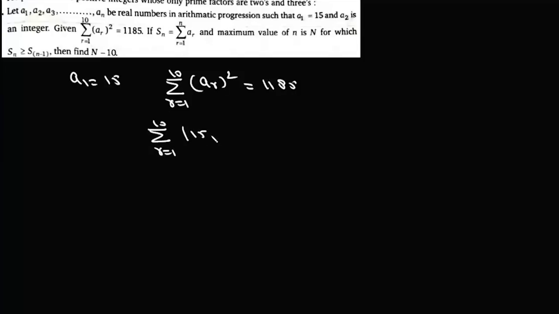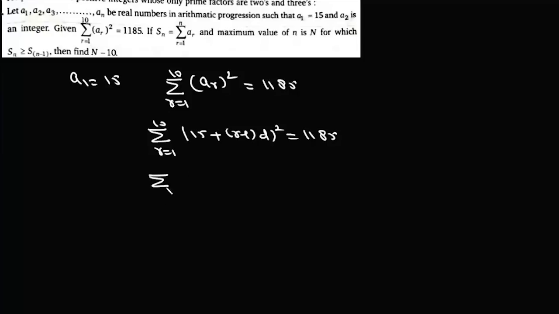Now we are given that a1 is 15, and we are also given that the summation of ar square, where r varies from 1 to 10, is 1185. Now its general term will be 15 plus r minus 1 times d, whole square, and this is 1185.